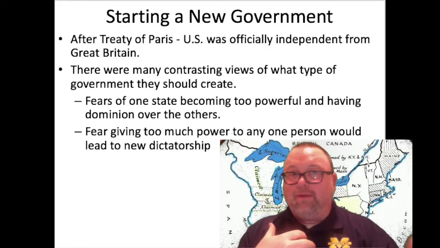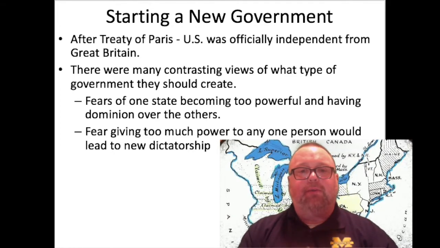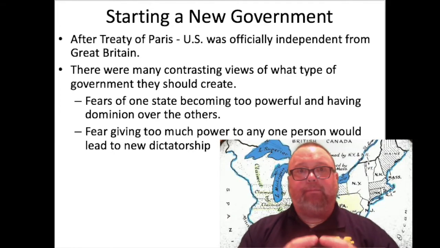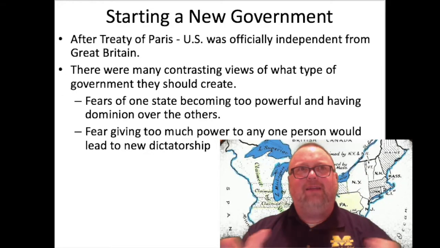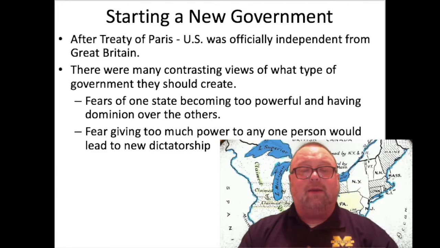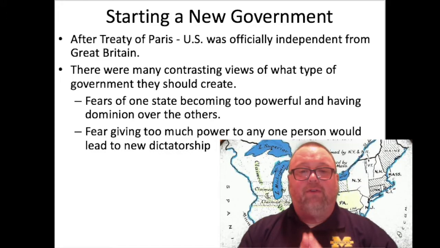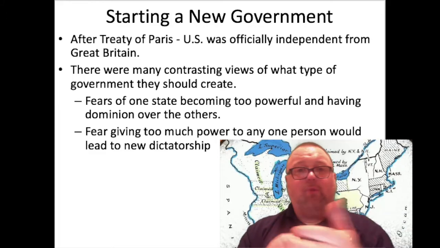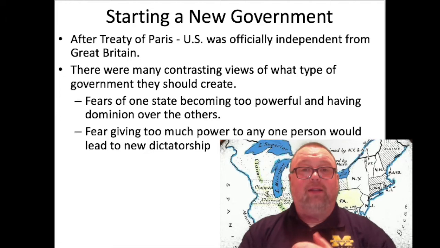A lot of argument. There are many contrasting views to what people thought that we should make. But there was a number of fears that led them to create a government that we're going to see is pretty weak with the Articles of Confederation. Remember, they just fought a war against the British government, against a very powerful king and parliament.